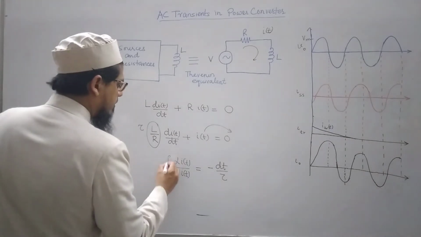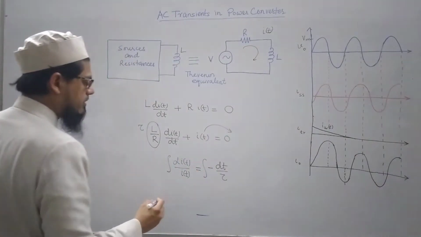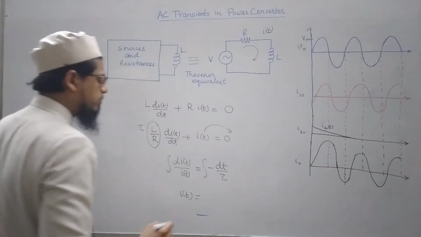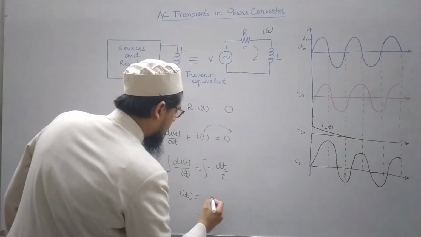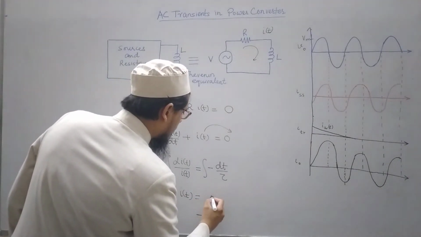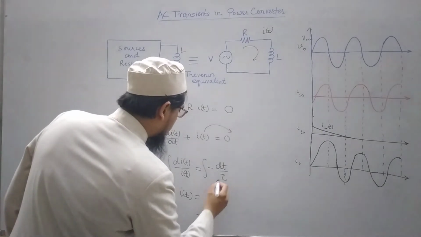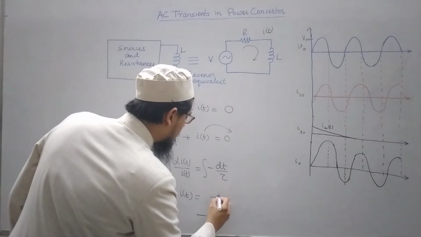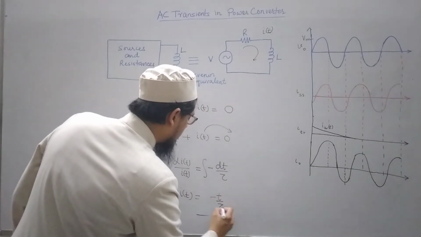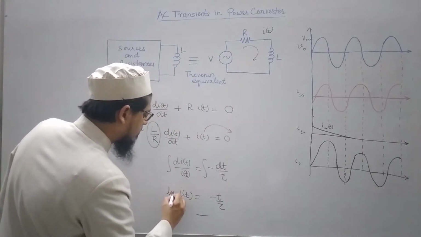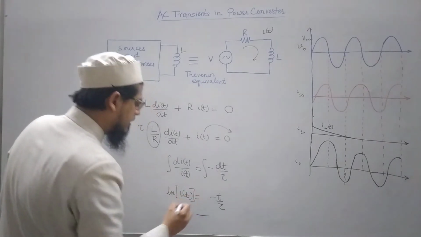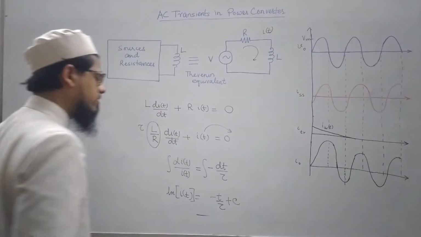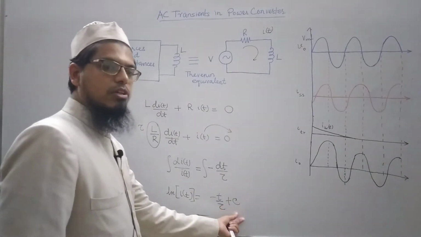If I integrate this expression, I get ln iT equal to minus t by tau plus some constant c, the constant of integration.